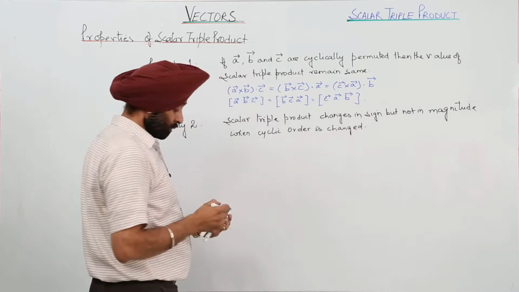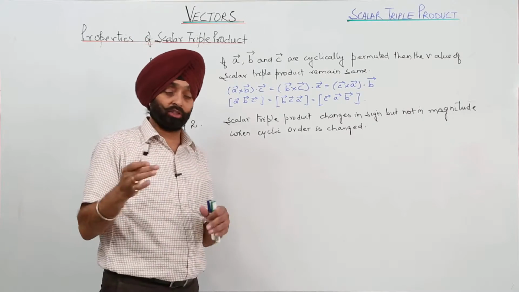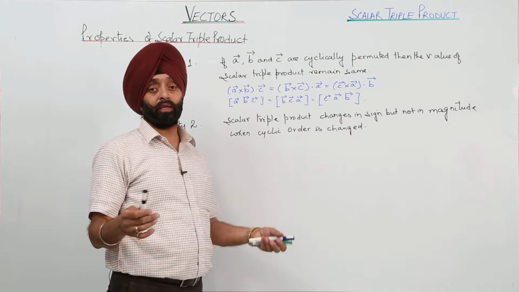So, this is property 2. Now, if we are changing the order, cyclic order is changed, then a negative sign will be there.